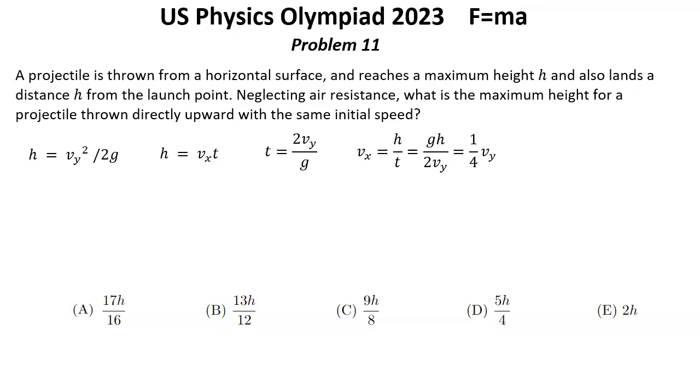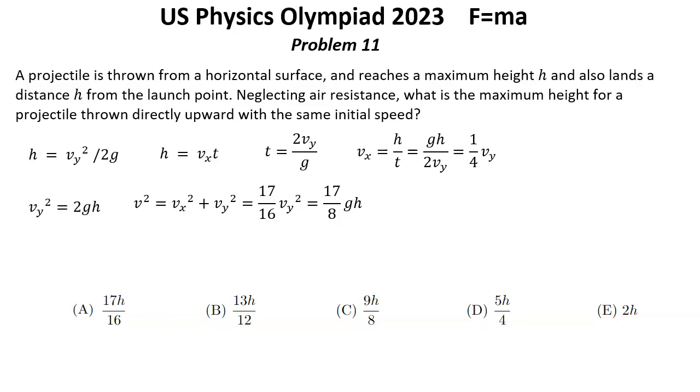So from the first equation we have v_y squared equal 2gh, and the total speed v squared equal v_x squared plus v_y squared, which is 17 over 16 v_y squared, which is 17 over 8 gh.